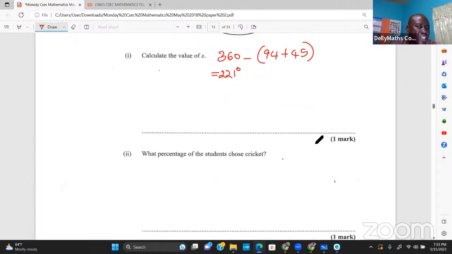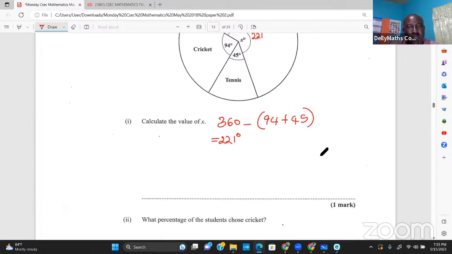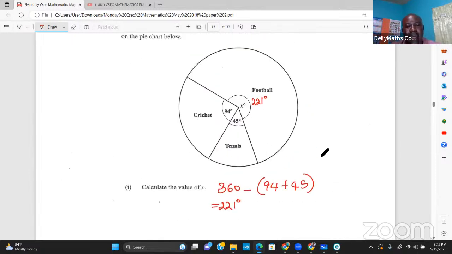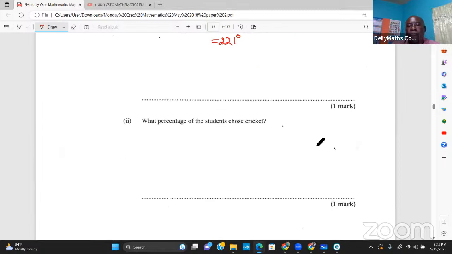What percentage of the students chose cricket? Look for cricket. Cricket is 94 out of 360. So we can simply move from the fraction, 94 out of 360, and represent it as a percentage.